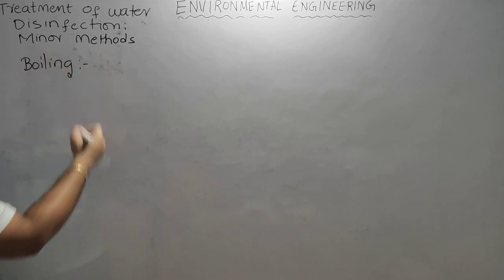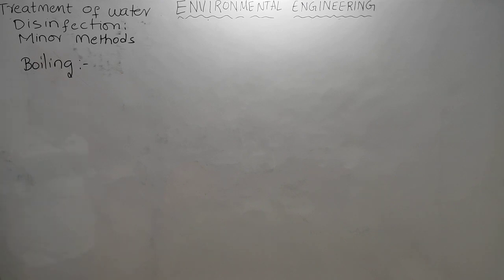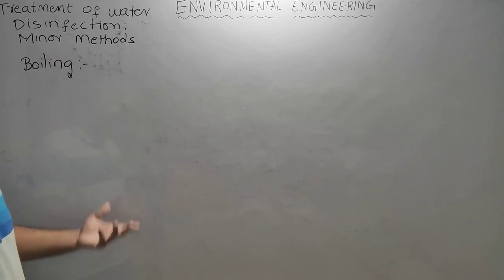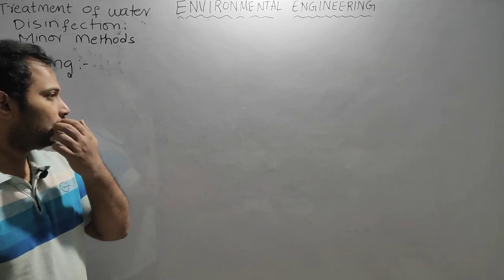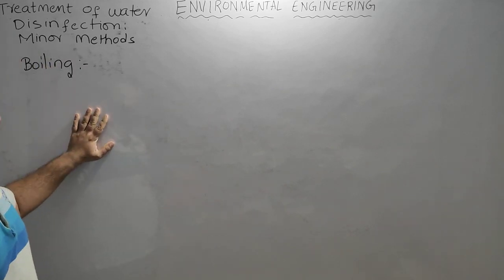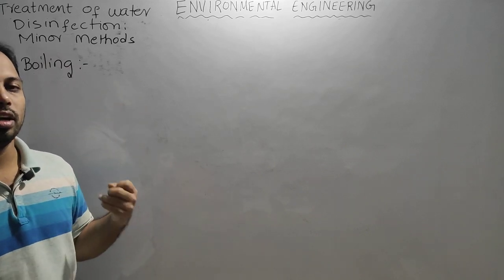We all know about boiling, so it's not needed to explain much. But here boiling means heating of water, and once you heat the water, all the microorganisms' cell walls will get damaged and they will die.